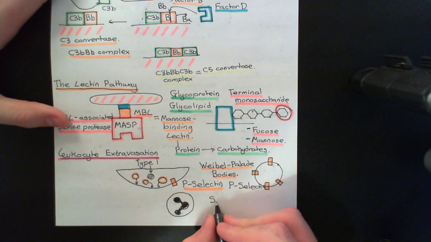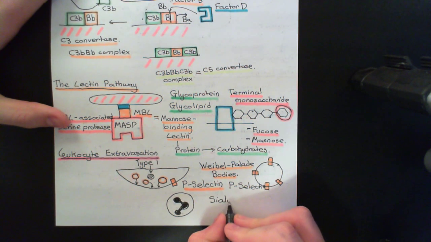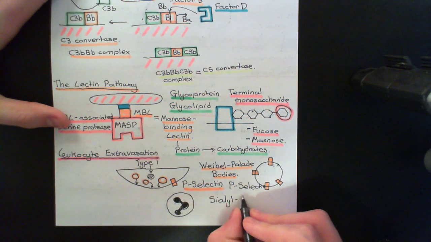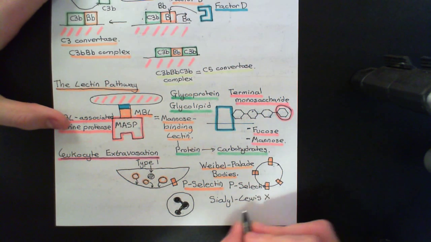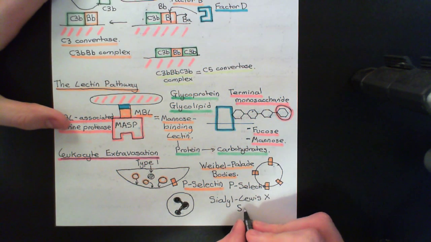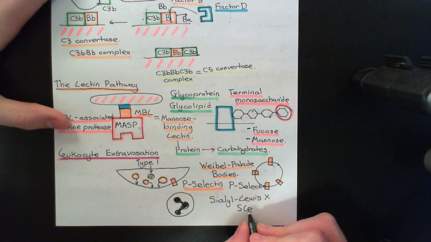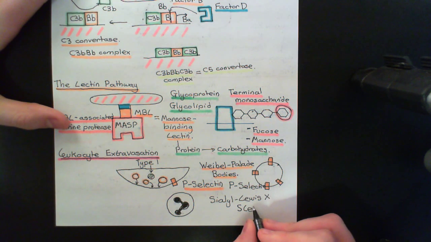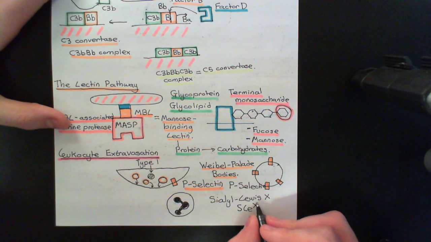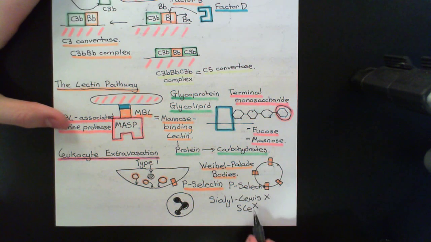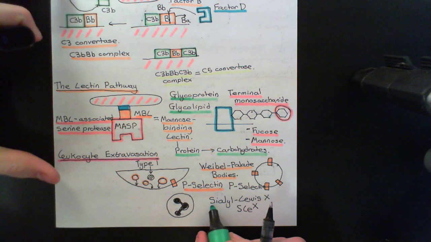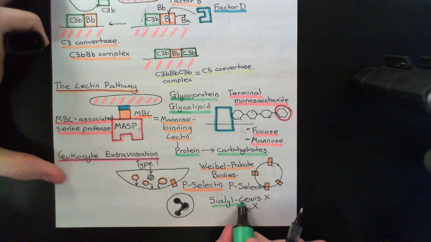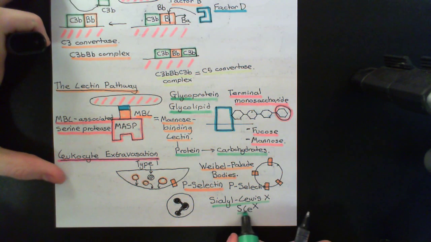So the next important player here is sialyl Lewis X, which for short is often abbreviated down to S, and then you put LE for Lewis, so the S is for sialyl, LE for Lewis, and then you put the X up superscripted in this way. Now, this is the molecule that's going to be a ligand for P-selectin. Remember, P-selectin is a lectin.